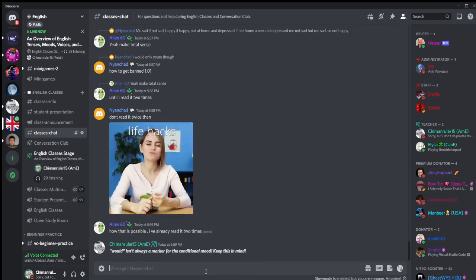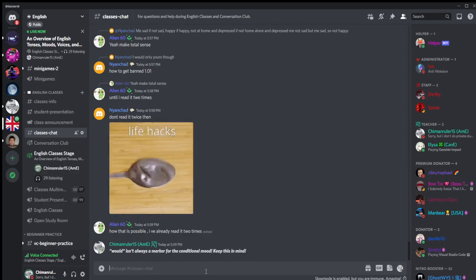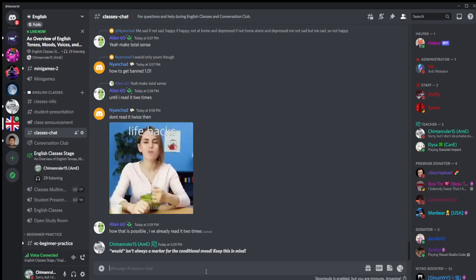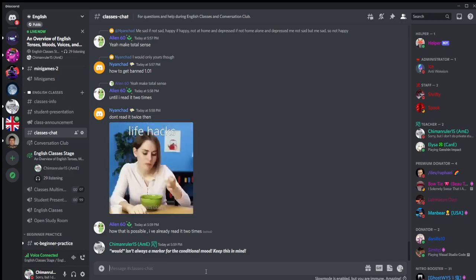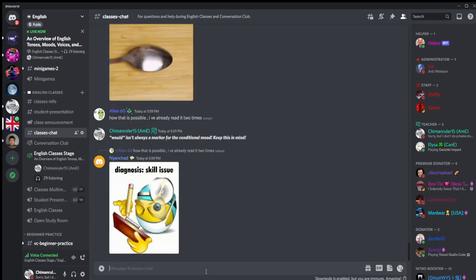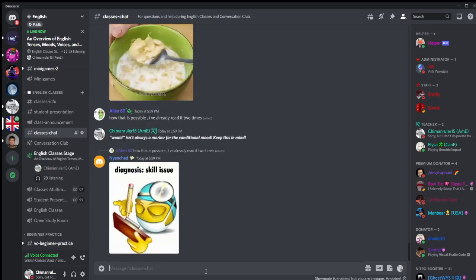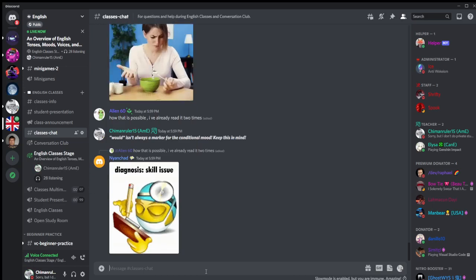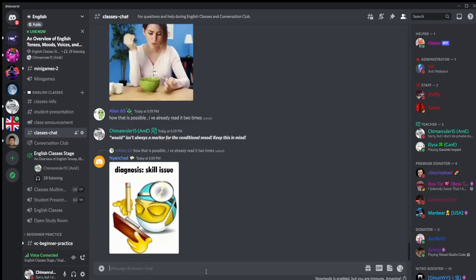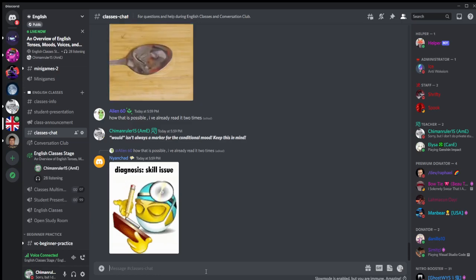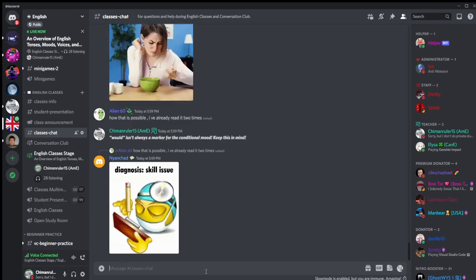So the conditional mood is marked by would, but would itself doesn't always express the conditional mood. Okay. So, let's see, what else have I not covered? I think I've covered the conditional mood just fine.